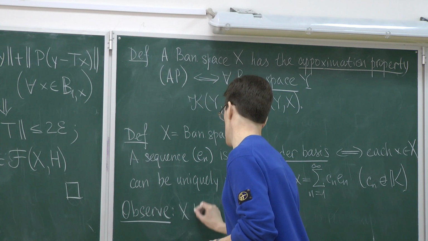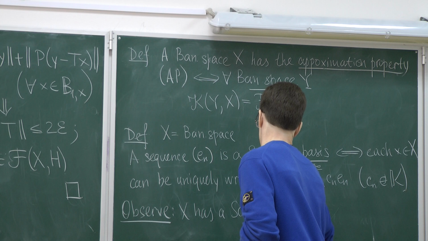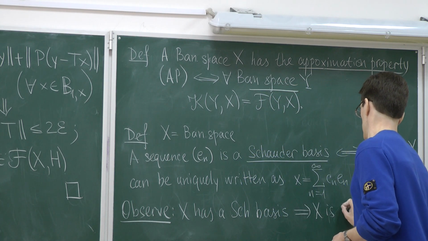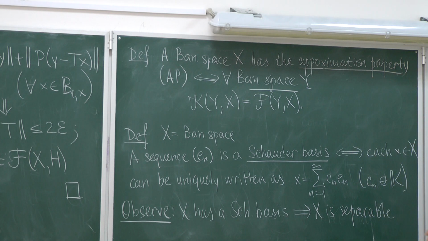If X has a Schauder basis, then X is separable. Indeed, if e_n is a Schauder basis, then the linear span of this sequence is dense in X. And we know that a normed space is separable if and only if it has a dense vector subspace of countable dimension.